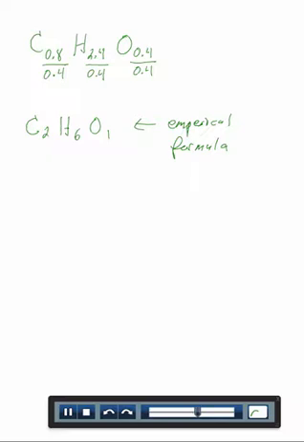Okay, if we knew the molecular weight of our molecule, we could determine the molecular formula. Now say we find the molecular weight is 46 grams per mole for our molecule. Let's find the empirical weight.